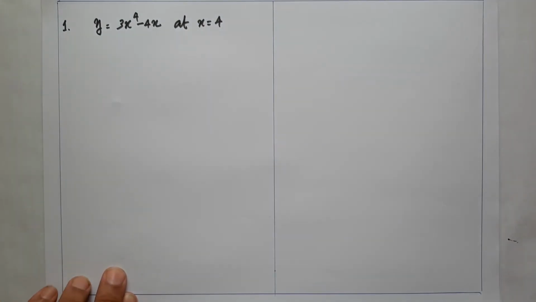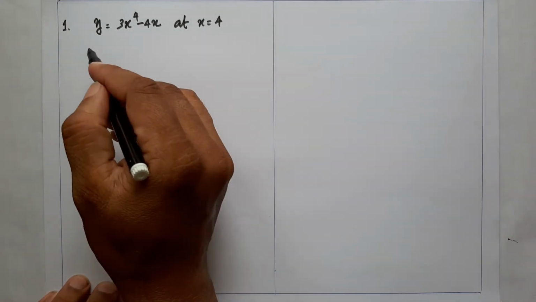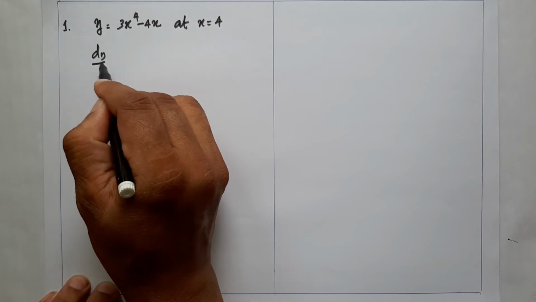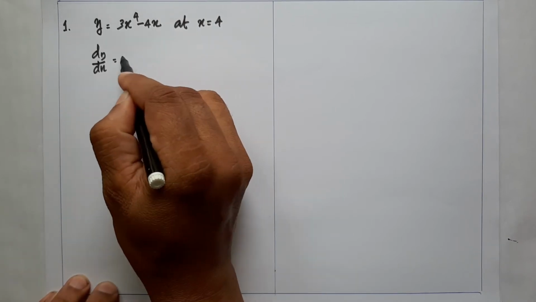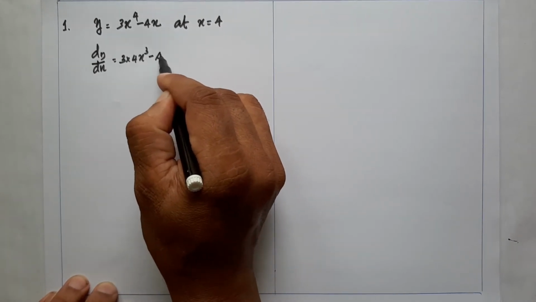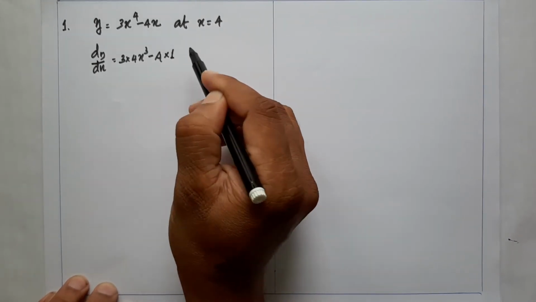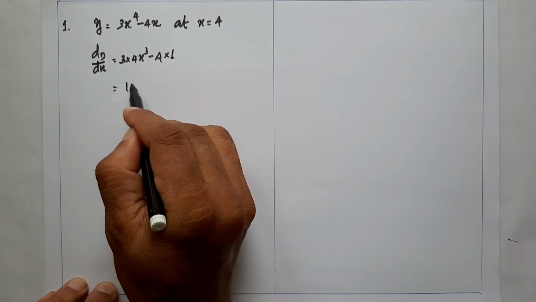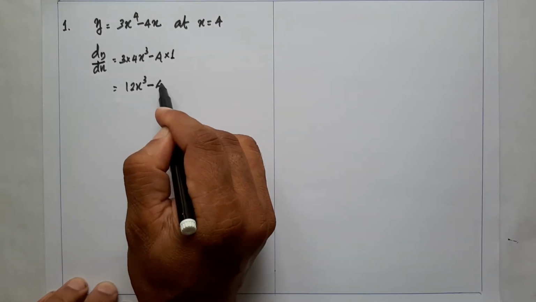You already know the slope of the tangent formula is dy by dx at x1 y1. First of all, we find the derivative dy by dx. That is 3 into the derivative of x raised to 4, which is 4x cube, minus 4 into the derivative of x with respect to x, which is 1. That is equal to 12x cube minus 4.